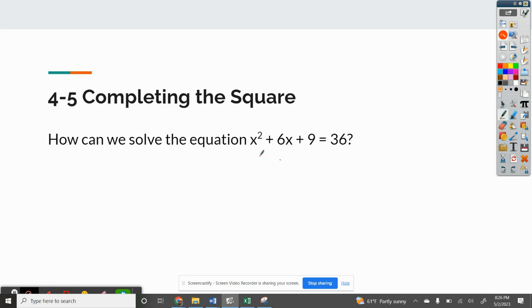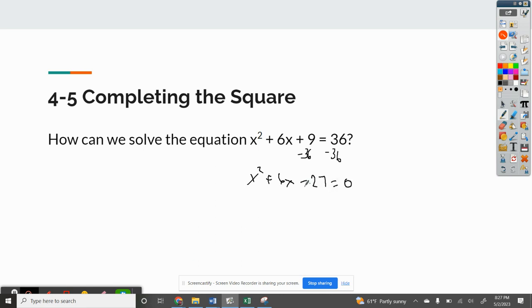So here's an equation. We have a couple different options for how we can solve this. For right now, you would probably subtract the 36 from both sides to get this to be a 0. If you subtracted 36 from both sides, this left side is going to be x squared plus 6x, minus, what is this going to be, 27 equals 0.